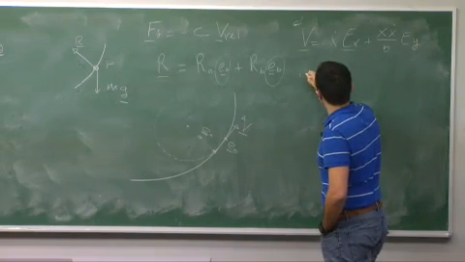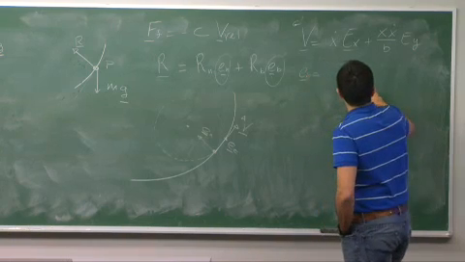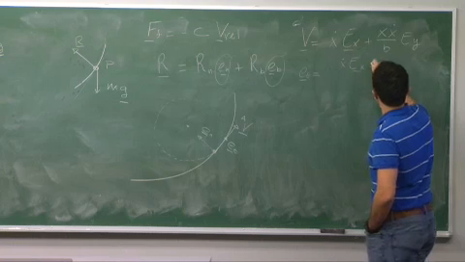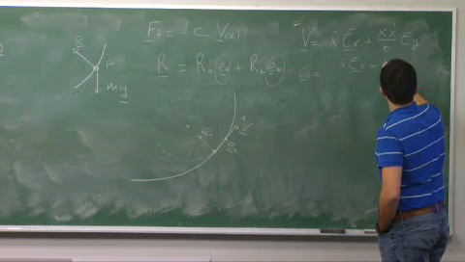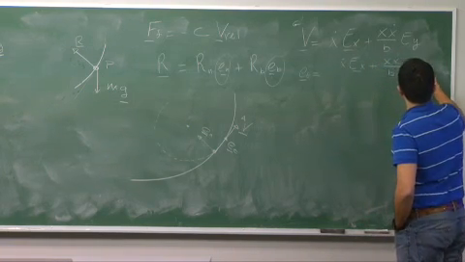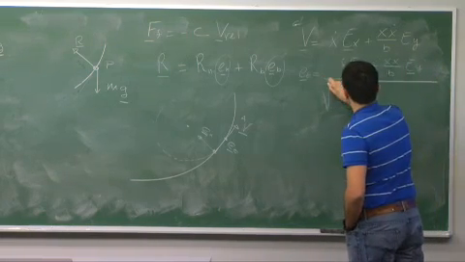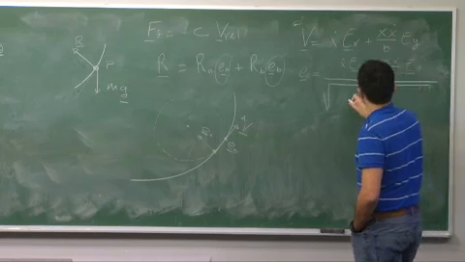So ET is this same vector over its magnitude, right?